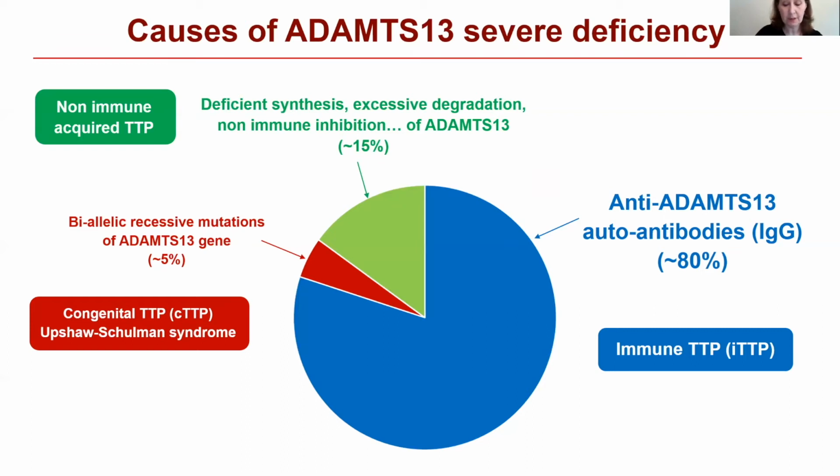In about 50% of cases represented in green, ADAMTS13 severe deficiency is due to other mechanisms like a lack of synthesis, an excessive degradation, or a non-immune inhibition of ADAMTS13. In these cases, TTP is acquired but non-autoimmune and very often associated with another clinical background like cancer, organ transplantation, severe sepsis, and so on.